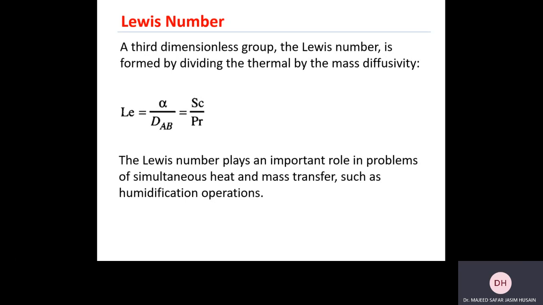You can now prove that this is equal to the Schmidt number divided by the Prandtl number. So there is a relationship between Schmidt and Prandtl number, and this relationship is given to you by the Lewis number.